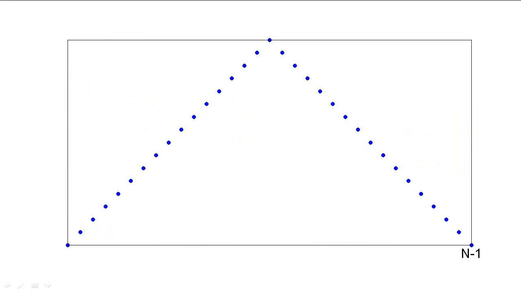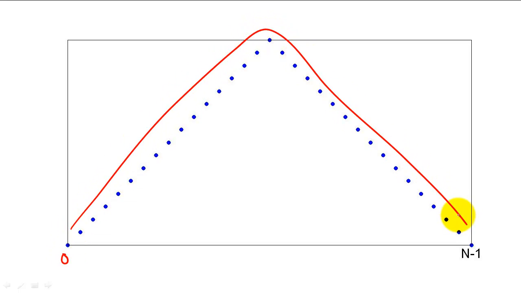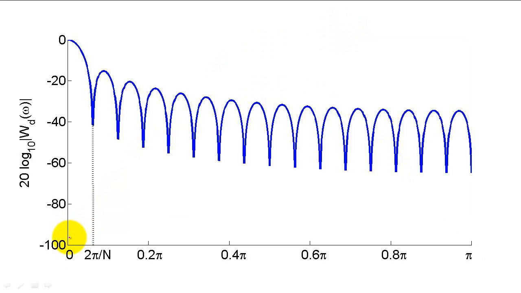The first option for decreasing the height of the side lobes is to window the function with a triangle. We choose the triangular window because it decreases slowly to 0, unlike the rectangular window. For the sake of comparison, let's remember that the main lobe and side lobes of the rectangular window looked like this.